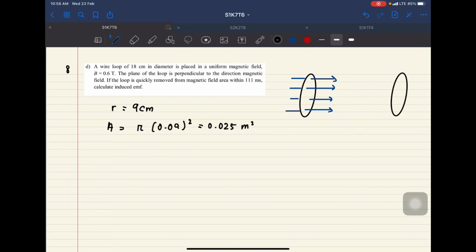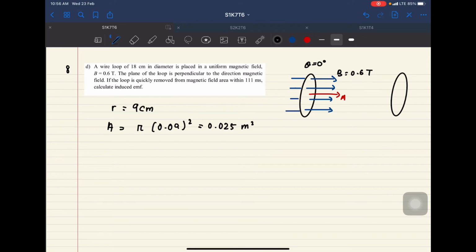Placed in uniform magnetic field, B equals to 0.6 Tesla. The plane of the loop is perpendicular to the direction of the magnetic field. So this is the plane and this is perpendicular to the magnetic field. So that means my area to the right, my magnetic field to the right. So theta is equals to 0 degrees.